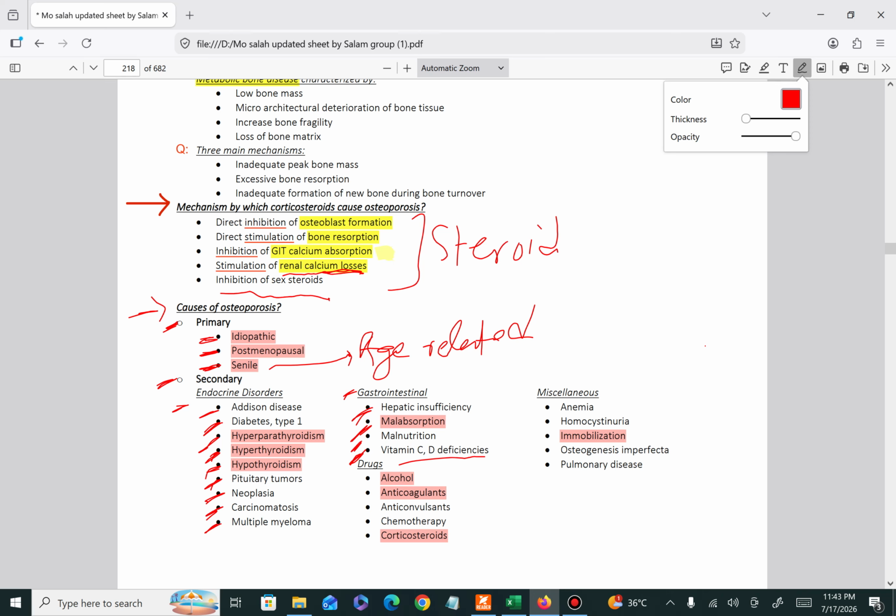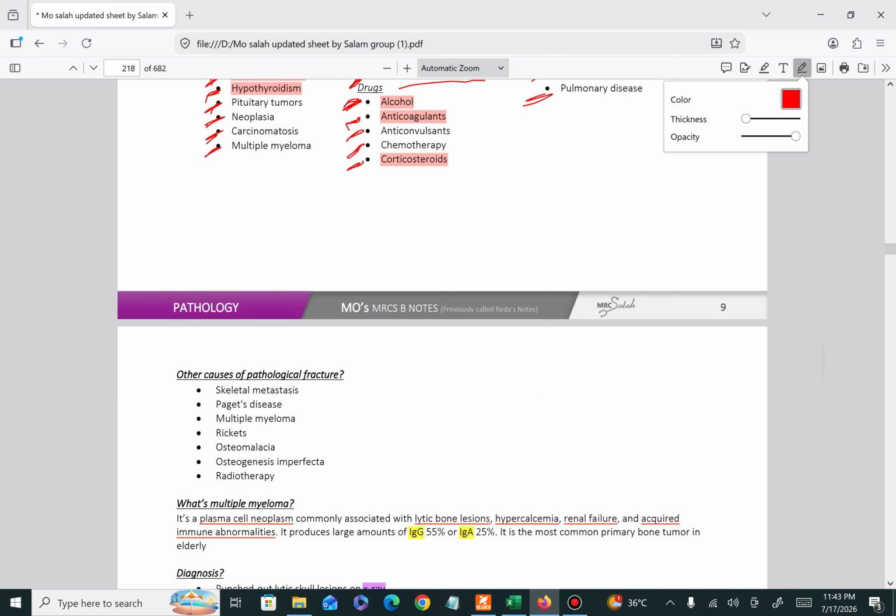Then drugs which cause osteoporosis: alcohol, anticoagulants, anticonvulsants, chemotherapy, corticosteroids. Miscellaneous causes can be anemia, homocystinuria, immobilization, osteogenesis imperfecta, and pulmonary disease. So these are the primary and secondary causes of osteoporosis.